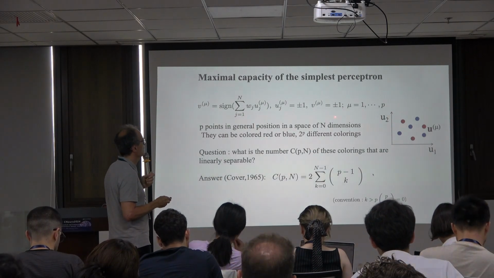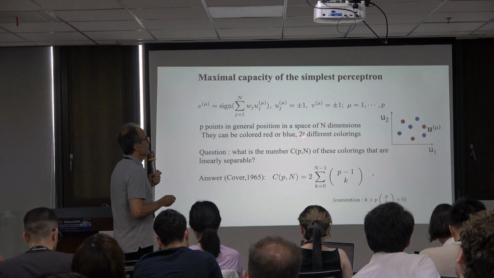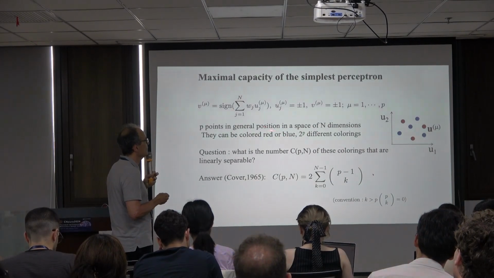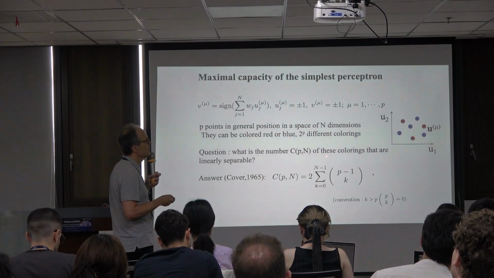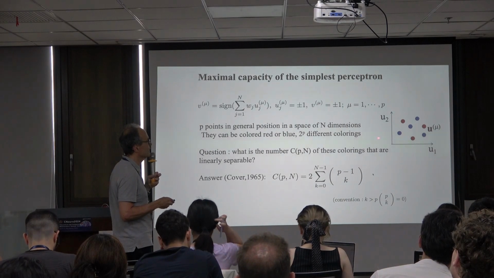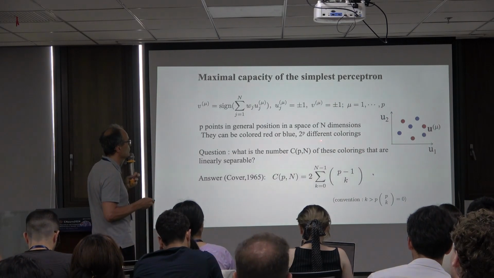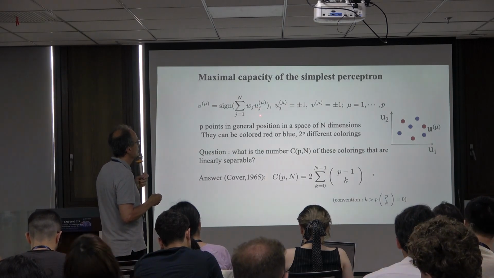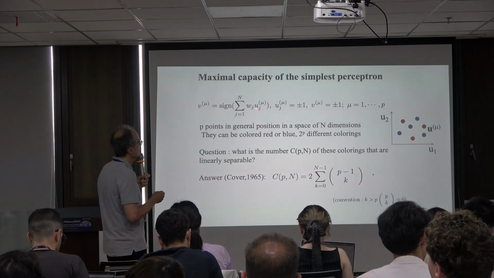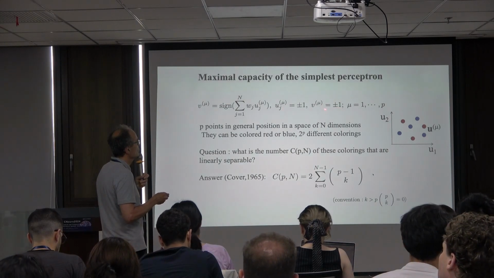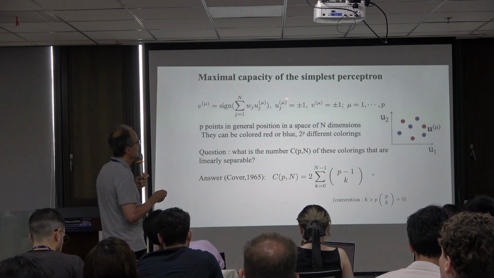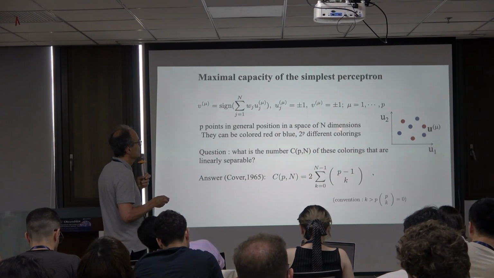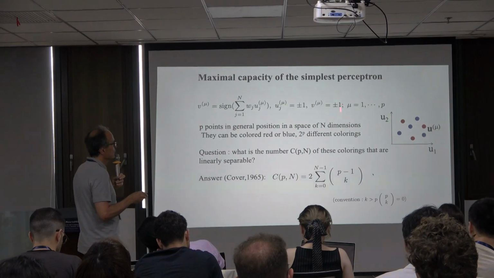And so the question is, if these points happen to be in n dimensions, how many of these colorings can be separated by a hyperplane? So take the simplest setting, where you take the points at random, and you randomly associate the output, which is plus or minus 1, with equal probability.